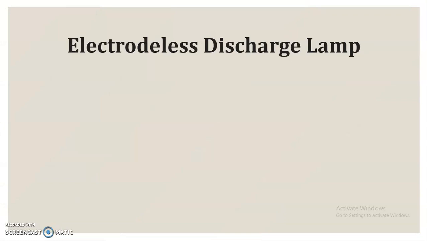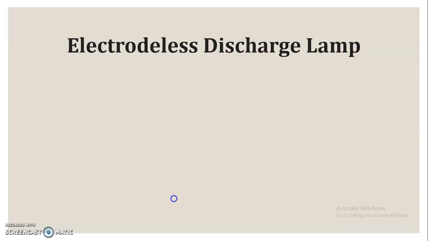Now, the second type of radiation source that is used in atomic absorption spectroscopy is the electrode-less discharge lamp. As I said, in the case of the hollow cathode lamp, we have to use different constructing material, depending on the element to be analyzed. So it is very difficult to construct a wide variety of hollow cathode lamps.